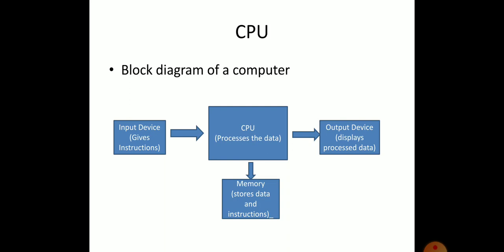It's getting stored in the memory. Okay, first through the input device we give the instruction, it goes into the CPU. Whatever instruction you have given, it is processed in the CPU, then it comes out and displays on the output device, and it gets stored in the memory.